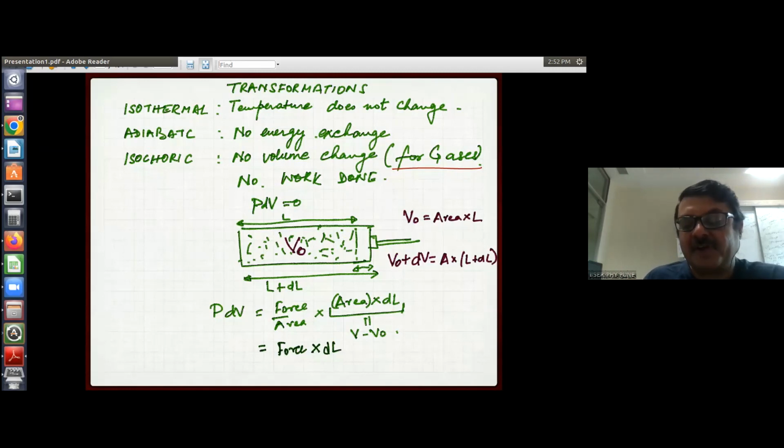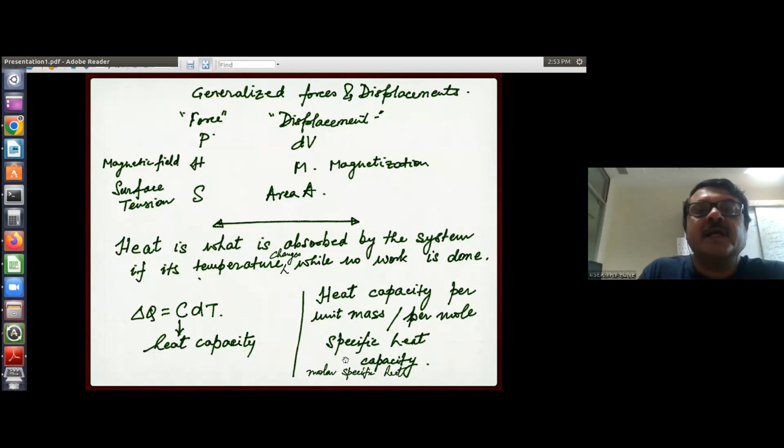What is work done? It's F into dx, right? And PdV can be written as force per area into dV, and dV is area into dl, right? So area into dl, the area cancels, so you get force into dx. So the units match actually, right? In general, we're discussing thermodynamics so that we can go towards StatMech, right?